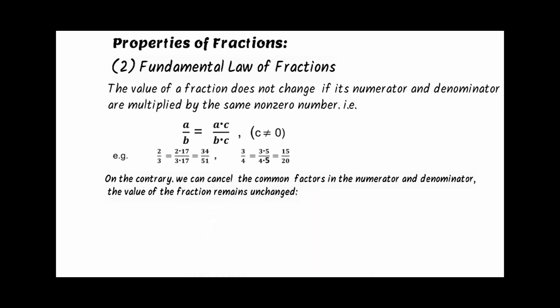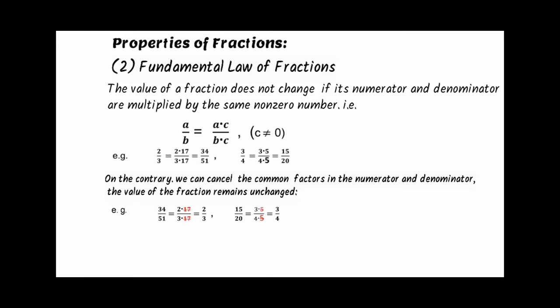For example, let's start with what we had previously, 34 over 51. 34 is 2 times 17, 51 is 3 times 17. 17 is common in both the numerator and the denominator, so it gets cancelled out. And the resulting 2/3 is the same as 34 over 51.